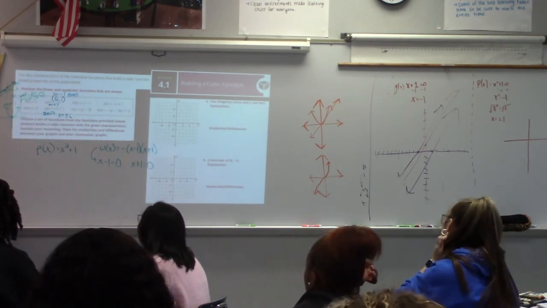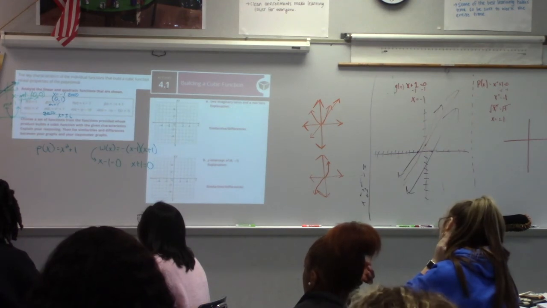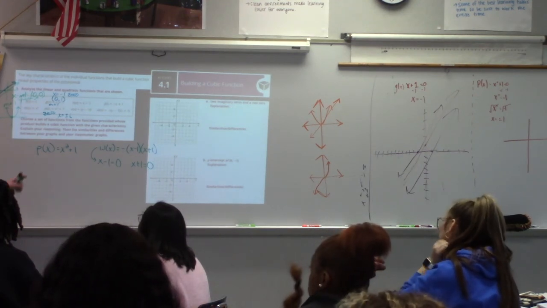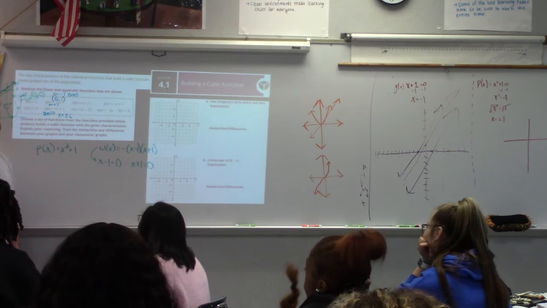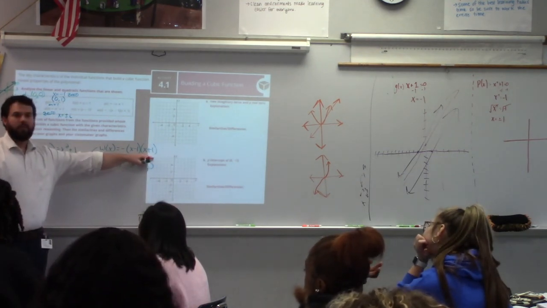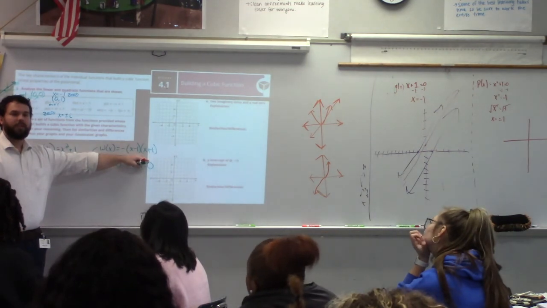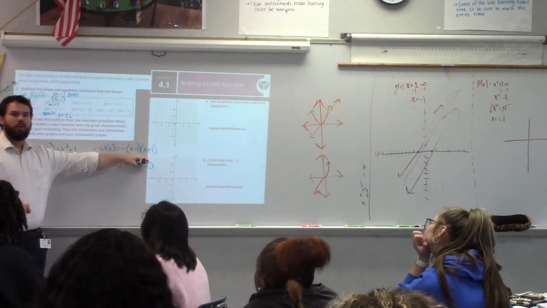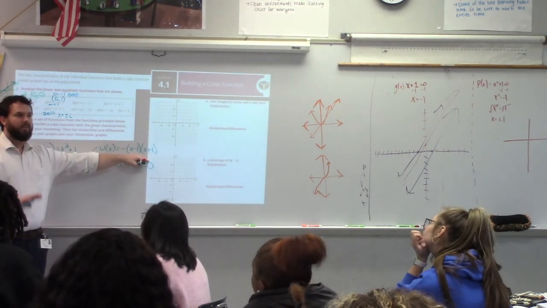Using what property right there? Zero product property, right? However, in a case like this, one, you can't use the zero product property. Two, is that even equal to 0 yet? No. So guys, we have to remember to slow down and look at the basics first.